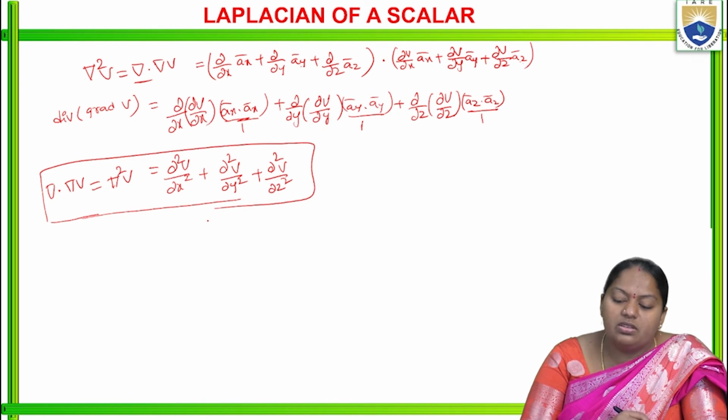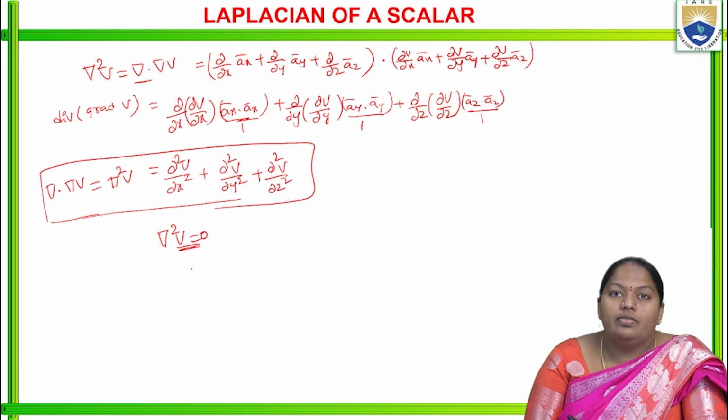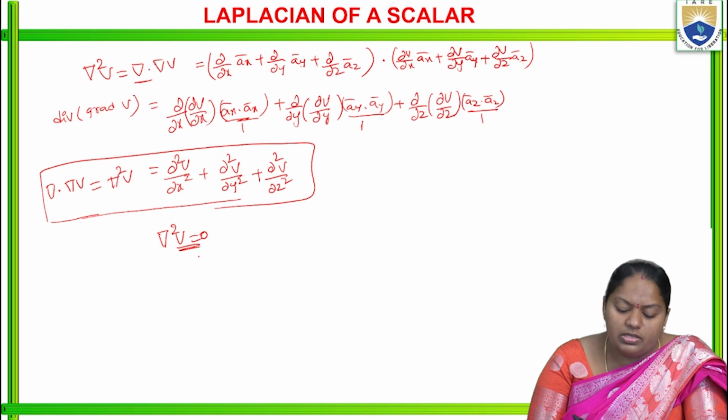From this Laplacian of a scalar, we write the equation called Laplace's equation, given by del square v equal to 0. A special case of this is Poisson's law, which we discussed in the previous lectures.